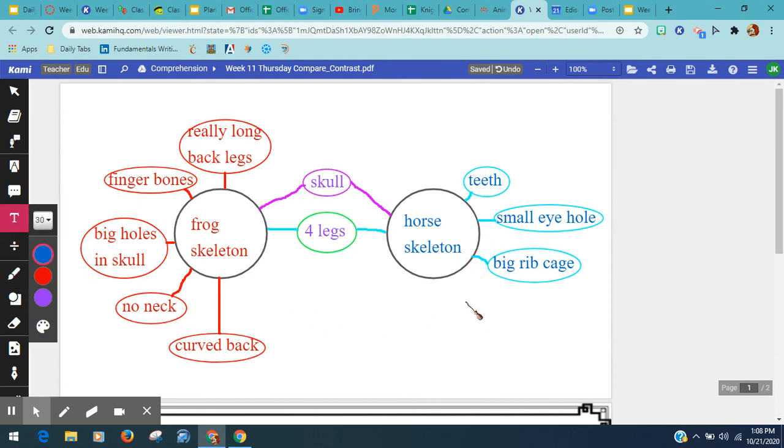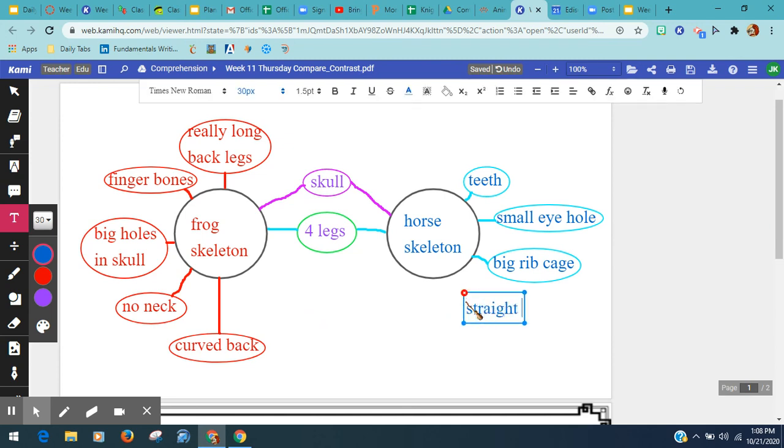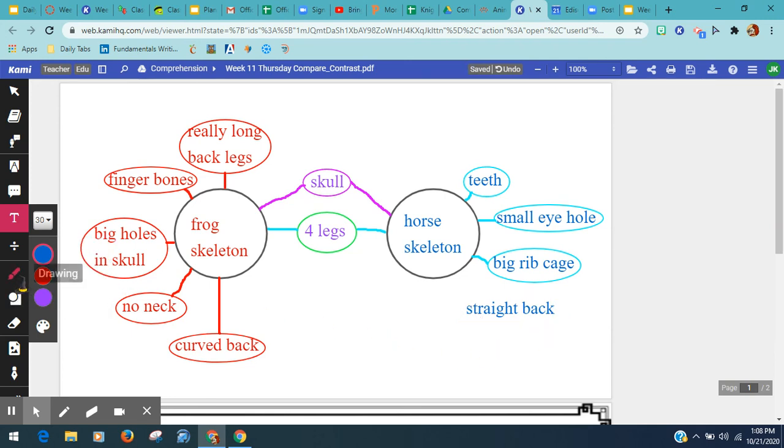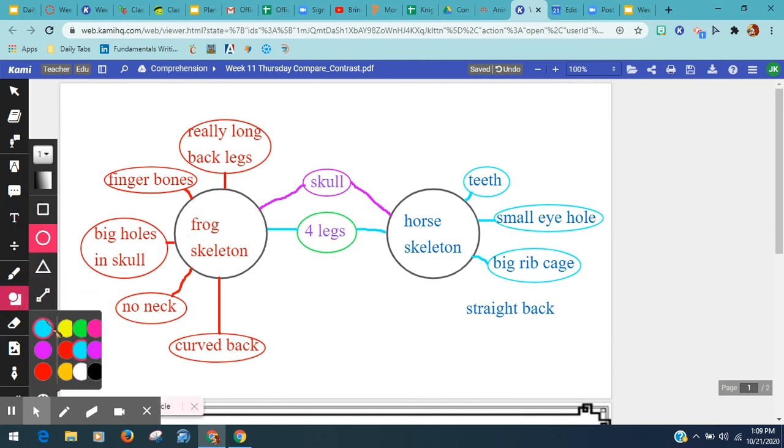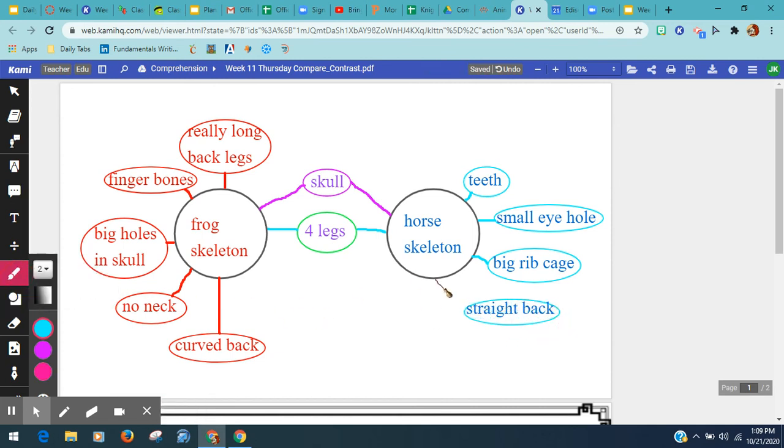Straight back, pretty straight, not perfectly straight. Straight back. Boys and girls, if I spell it for you here, you should spell it correctly. So look at how straight is spelled. It's got an A-I-G-H-T in it. Straight back. And let's connect that. And it had a tailbone.